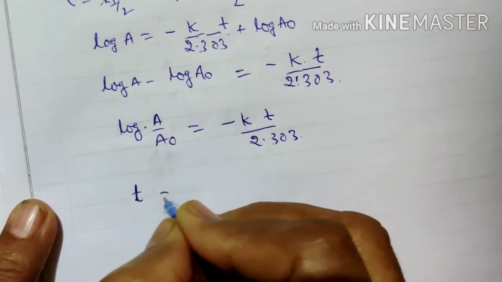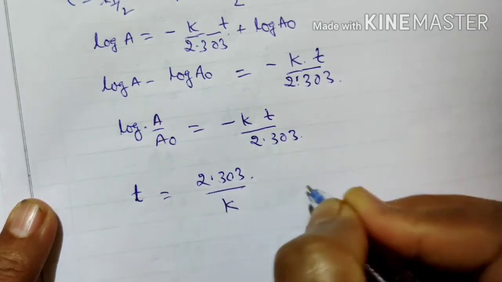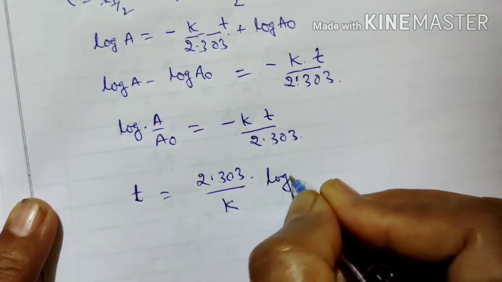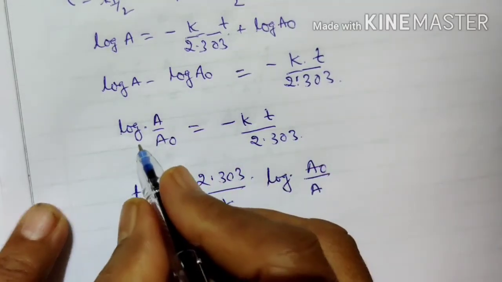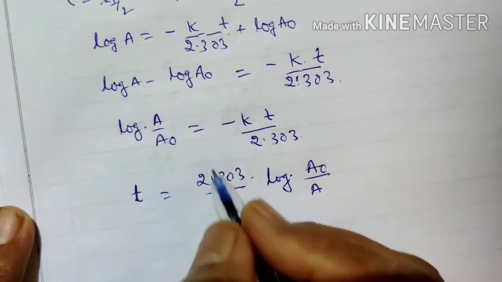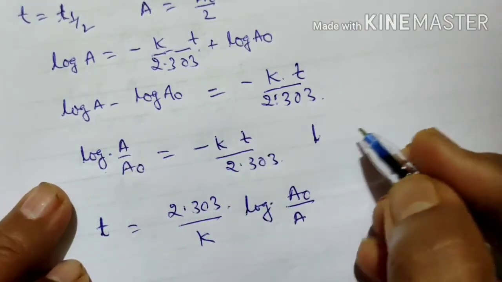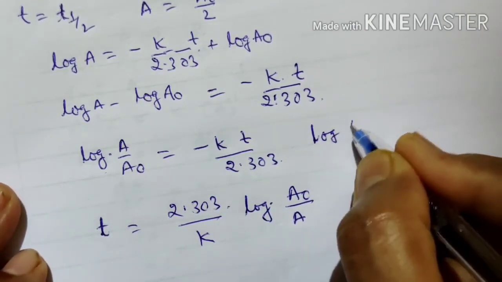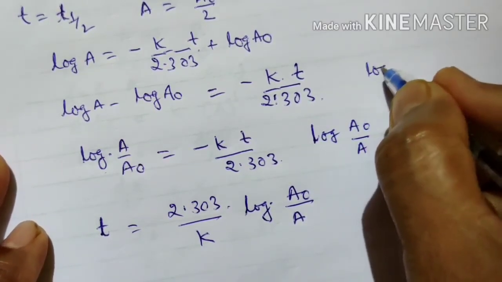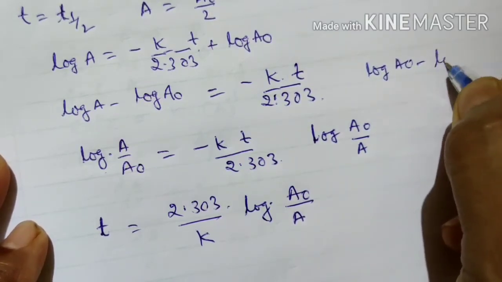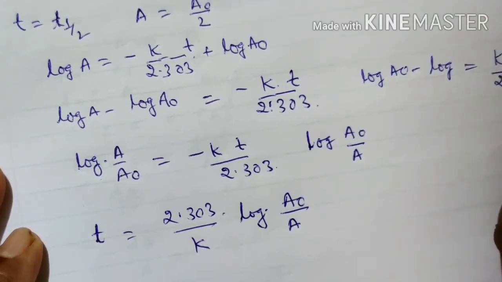We can write this t is equal to 2.303 upon k log A0 upon A. Because when you multiply this equation by the negative sign, then it will be log A0 upon A. We can write here log A0 minus log A is equal to kt upon 2.303.